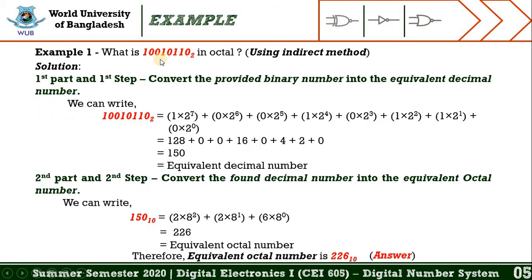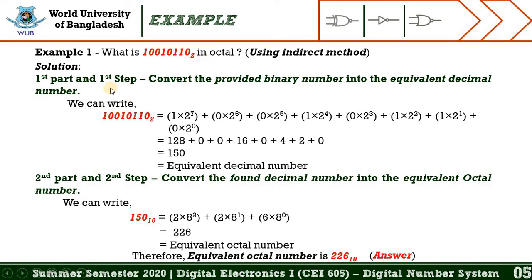And here is an example of the indirect method of the conversion. Let's start with the question: what is the 10010110 binary number in the equivalent octal number? This example splits into two parts.